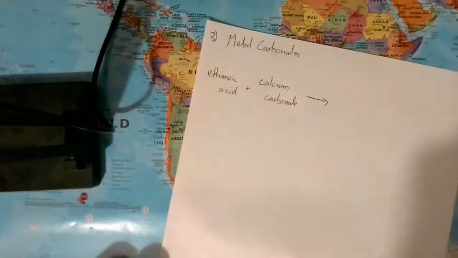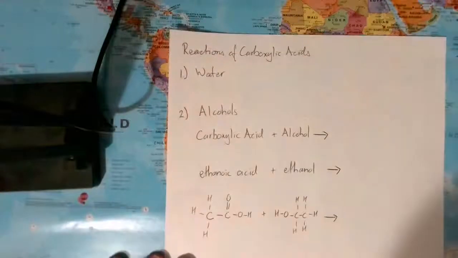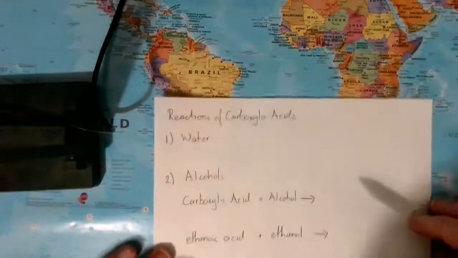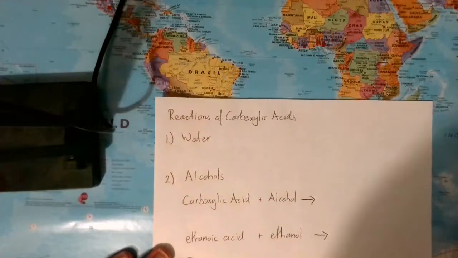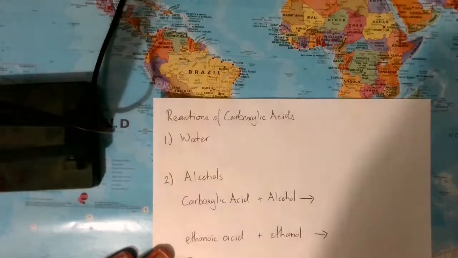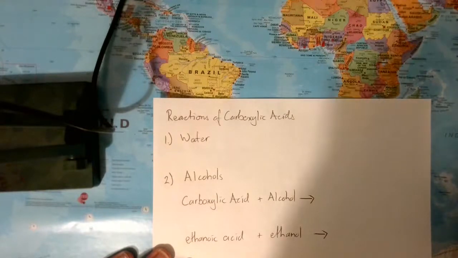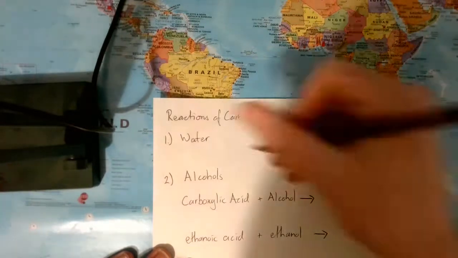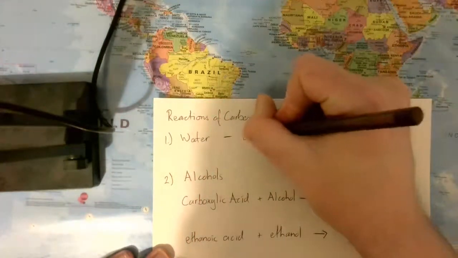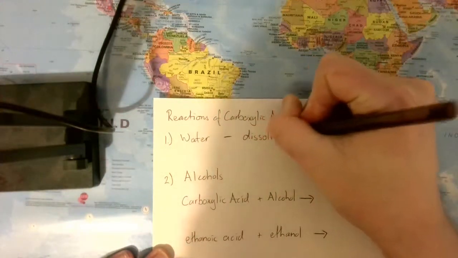The second part of the topic is that we need to know what happens for the reactions of carboxylic acids. And there are 3 reactions that we can do. The first one is a very easy practical, you're not missing out on much. We could give you a bottle of, say, ethanoic acid and ask you to add it to water, and the remarkable thing that you would observe is that they dissolve.